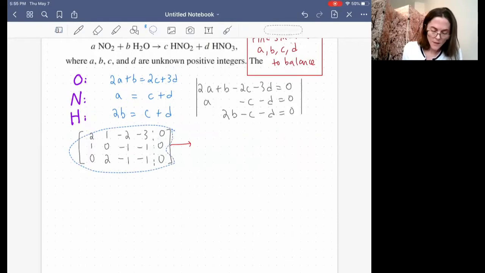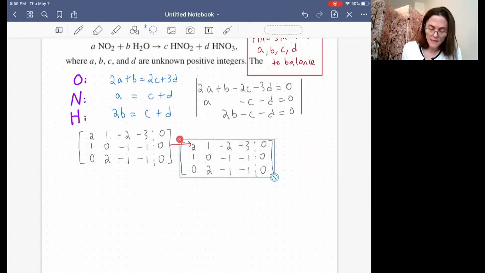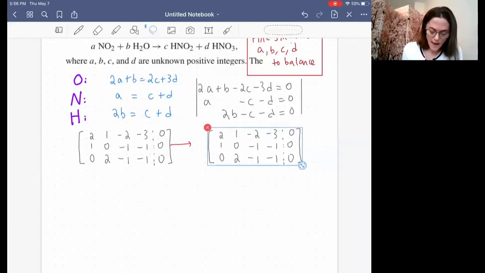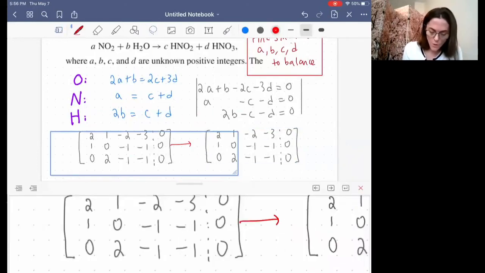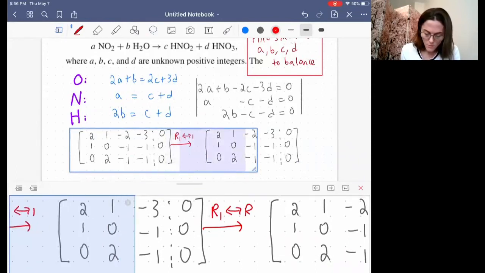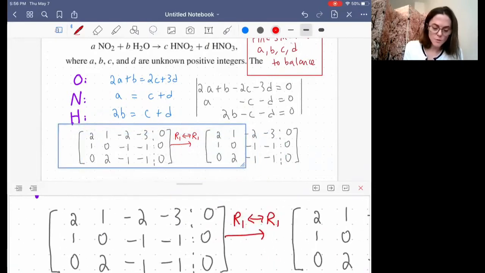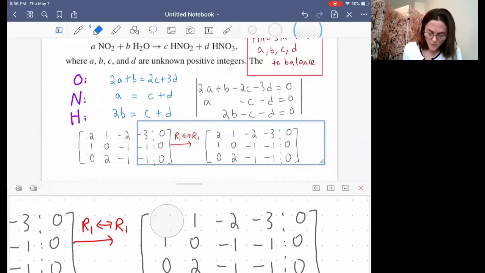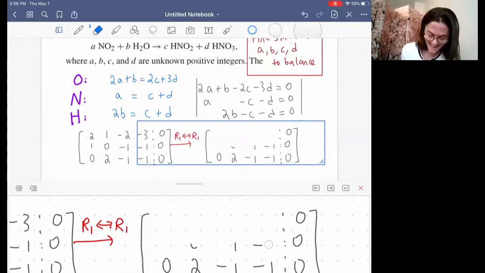And I will copy and paste. The first thing that I need to do, oh, well, I tend to like to avoid fractions as long as I can, so I am going to interchange row 1 and row 2, just so that I have a 1 rather than having to divide by 2 and immediately introducing fractions into this, because the moment I start introducing fractions is usually, well, 2 moments later maybe is when I start making mistakes.